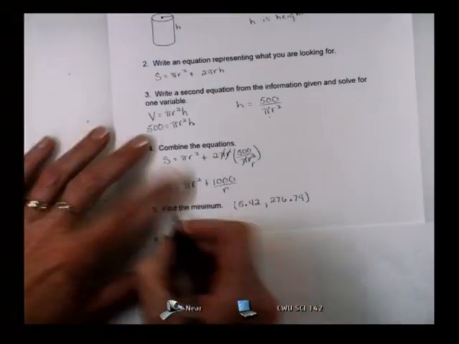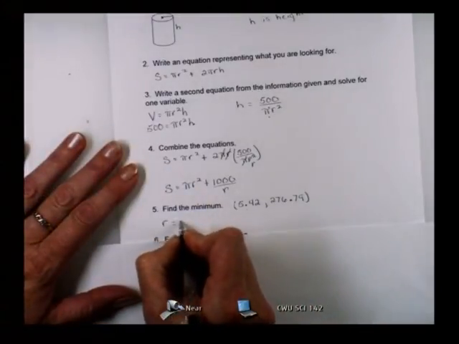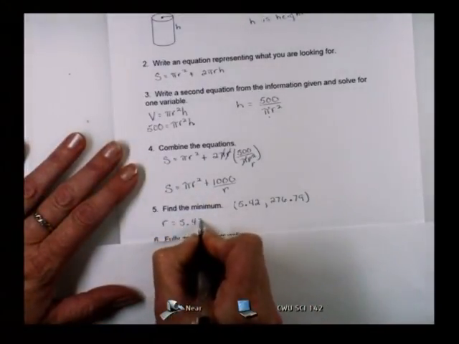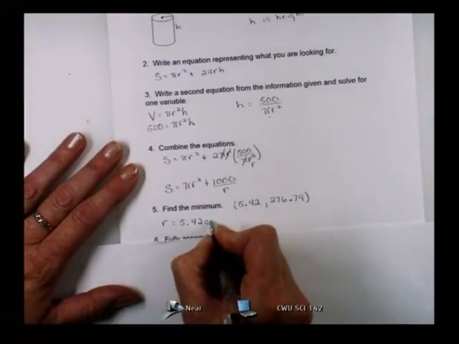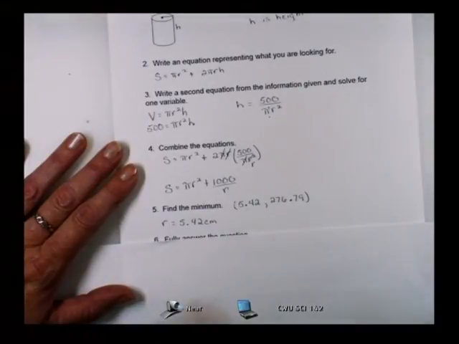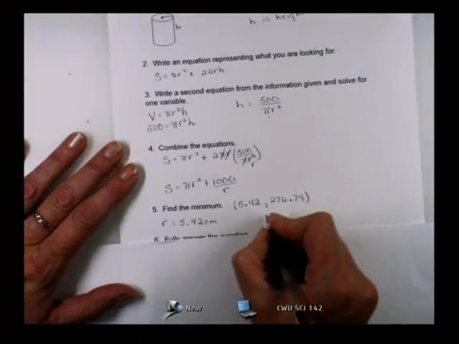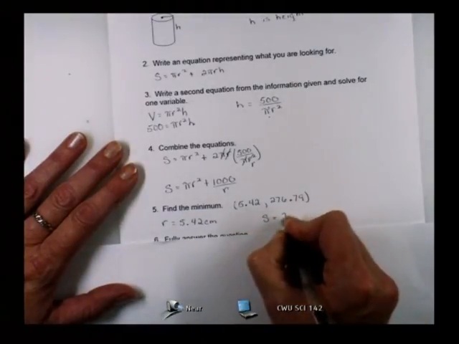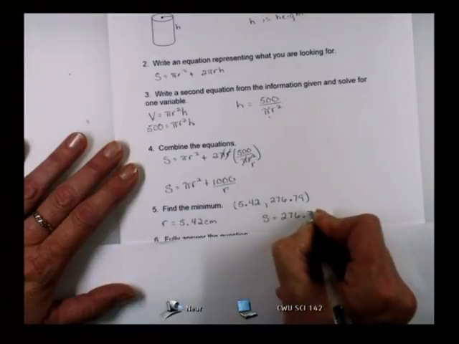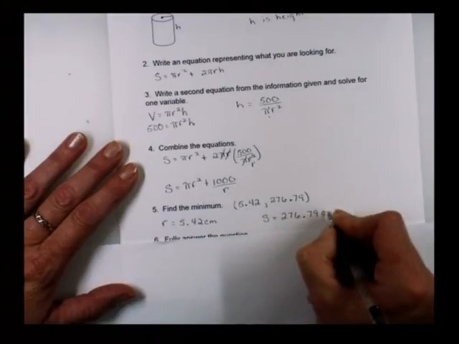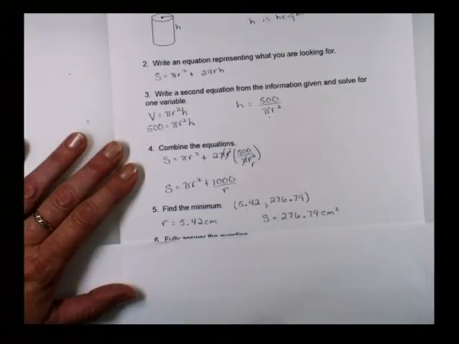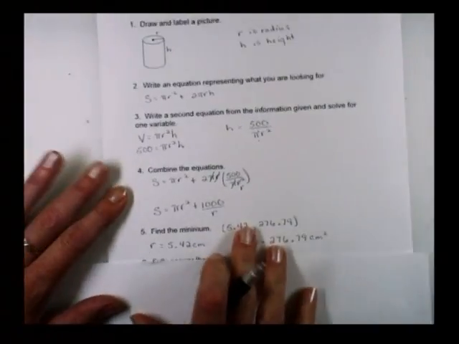This is my R value, so radius is 5.42 centimeters to minimize the amount of material for that can. And the total amount of material necessary is 276.79 centimeters squared. Let's go back and make sure we've answered the question completely.